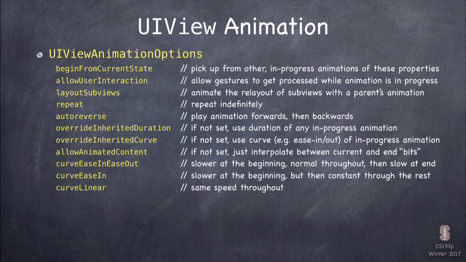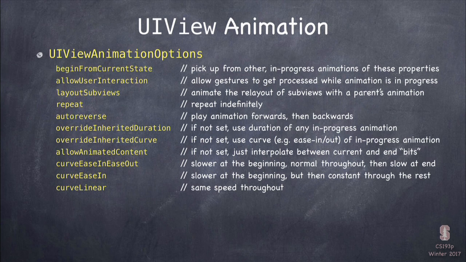This is especially good for moving. When you're moving a view, you don't want a view to be on screen and go, beep. You want it to kind of go, and then slow down at the end. If you move something in real life, you don't jerk it up here. You lift it up and then you set it down. Same thing here. You want to lift the view up, move it over, and then set it down. Okay, so that's why curve ease in, ease out. So you can control whether it eases on either end.